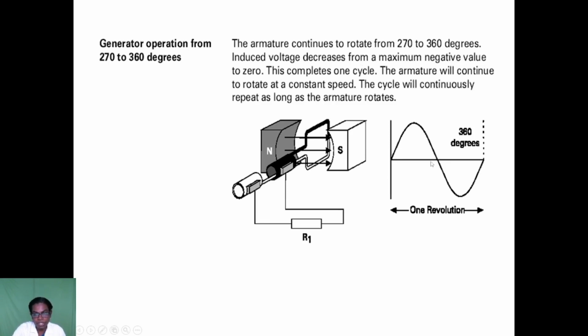So the EMF is generated in one revolution, and one cycle has happened.